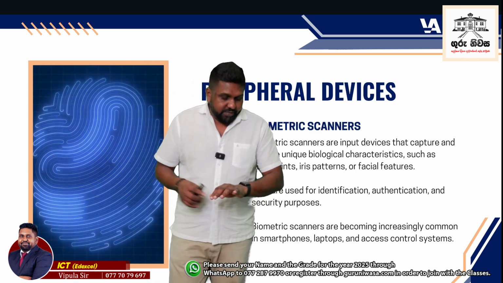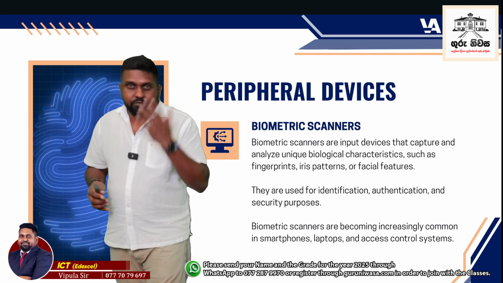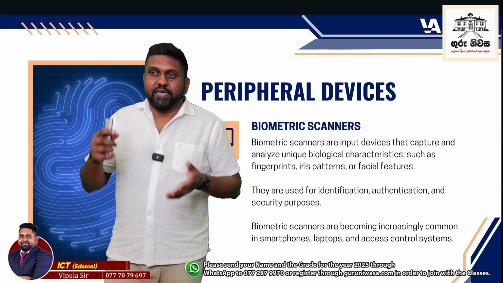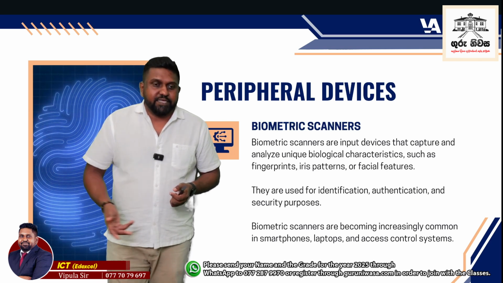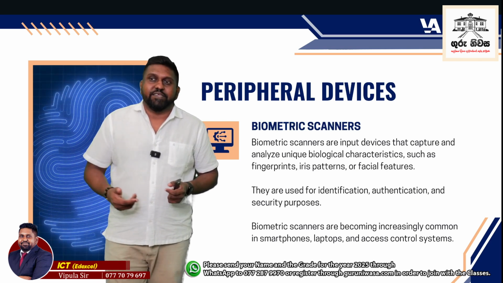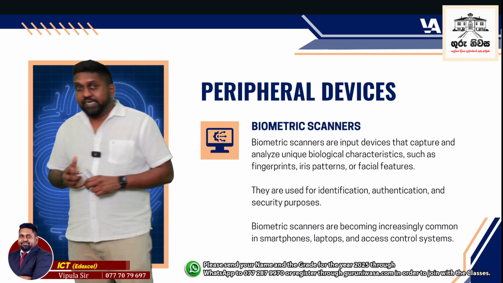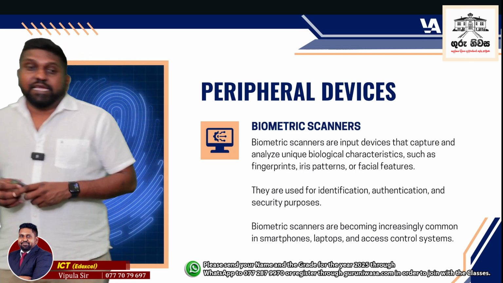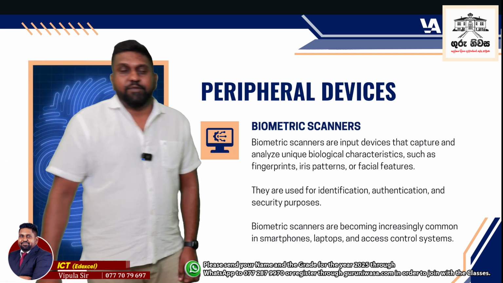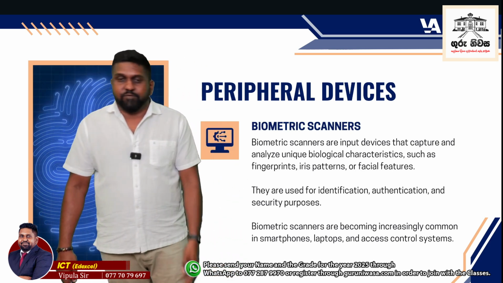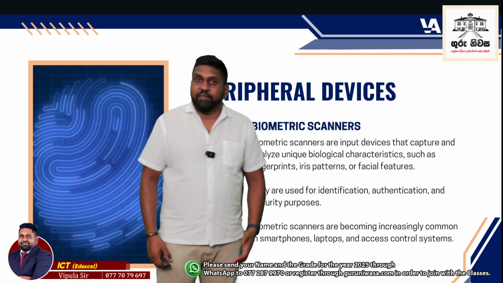So any one of these unique parts of your body will be recognized using a biometric scanner, and this biometric scanner will save that information and use it to verify you. For example, most phones like iPhones now have face recognition.